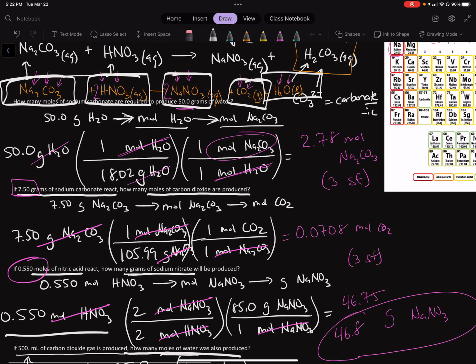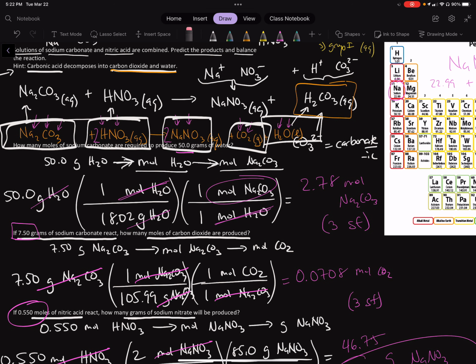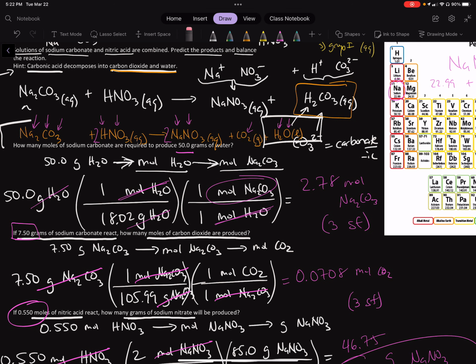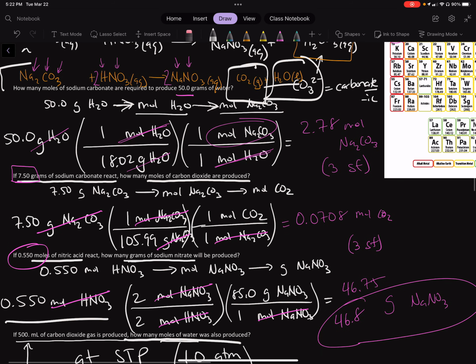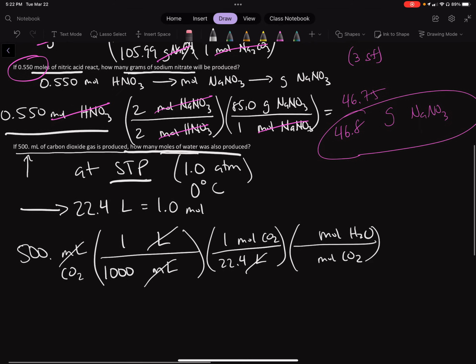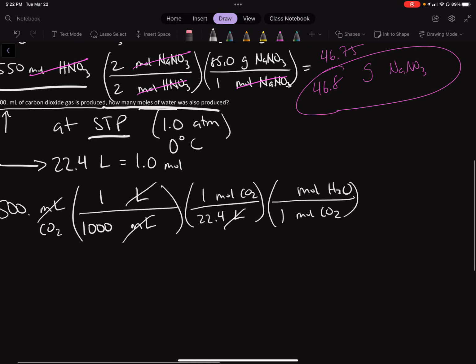So scrolling back up to look at our equation one more time. Getting very, very messy up here. Let me erase. But we have CO2 right here and water. So they're in a 1-to-1 ratio. For every 1 mole of CO2 that's produced, 1 mole of H2O is also produced.